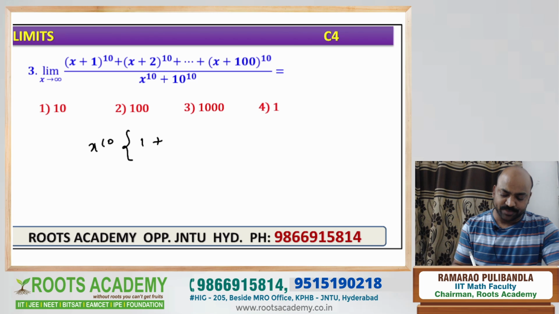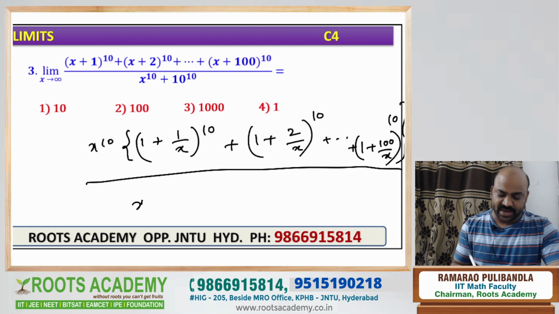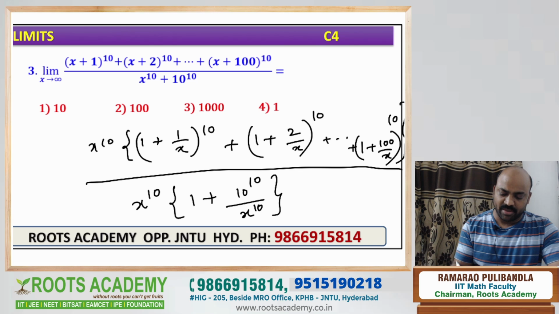The numerator will become (1 by x) whole power 10 plus 1 plus 2 by x whole power 10 plus, like that, up to the last term, 1 plus 100 by x whole power 10. And divided by, when I take x power 10 out, I will get 1 plus 10 power 10 by x power 10. So what will my answer become?